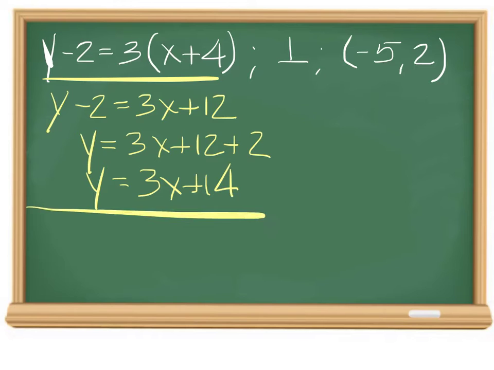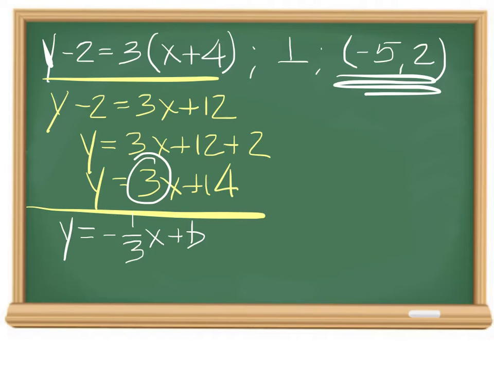Alright, that's the same equation rewritten, but if you write a new equation, to build the new one you need the negative reciprocal of 3, which is a negative 1/3. And then we're going to fill in this point. Put the 2 in where the y is, and put the negative 5 in where the x is.